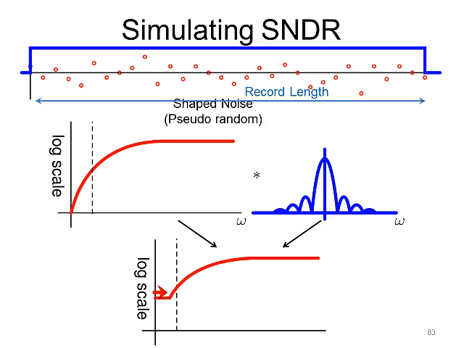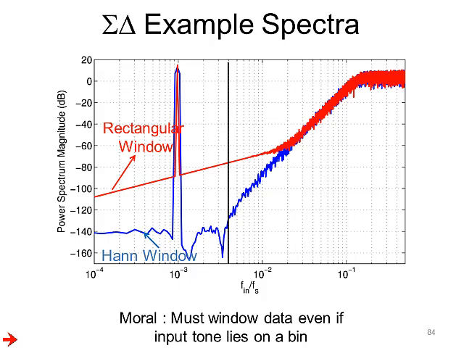So, as shown here, this is a delta sigma sequence without any special windowing. In other words, we use a rectangular window. And as you can see, the in-band is completely corrupted by leakage effects. To reduce leakage effects, just like we did for the Nyquist case, you must use an appropriately chosen window.